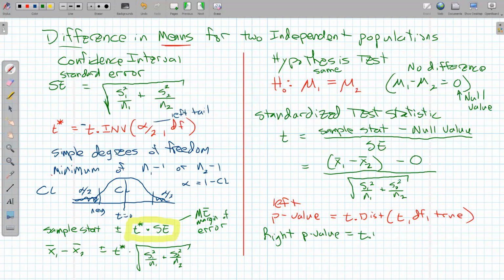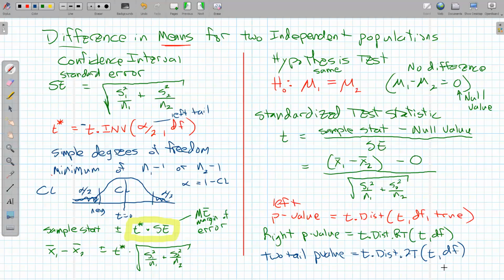That would be t.dist.rt. And that's just whatever your t-score is and your degrees of freedom. Don't need a true there. And then there's the two-tail, and there is a two-tail version. That would be t.dist.2t, whatever the t-score is, comma degrees of freedom.